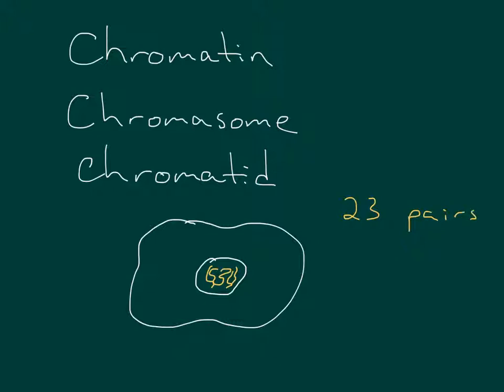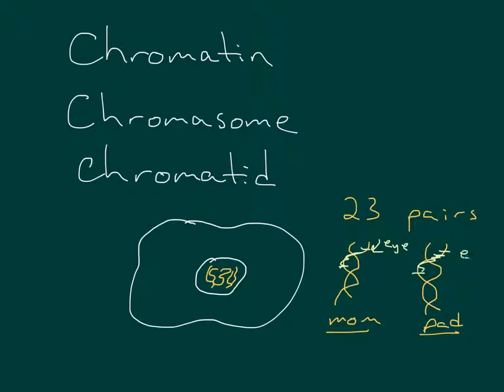Those pairs consist of one DNA molecule from mom and one from dad, and these molecules all have the same genes on them. So this gene and these genes are the same. Maybe this one's eye color. From this space to this space is for eye color, and the same gene is found here on this piece of DNA. These pieces of DNA are called chromosomes.